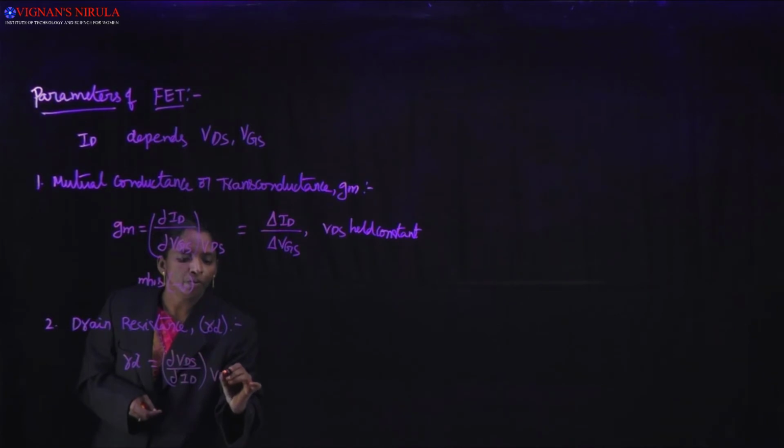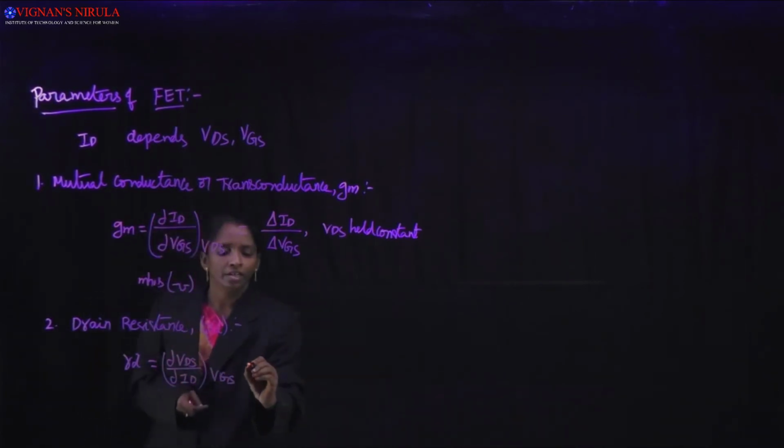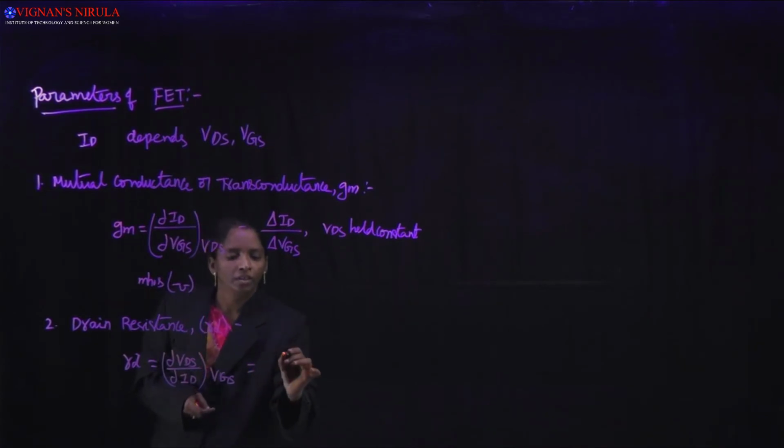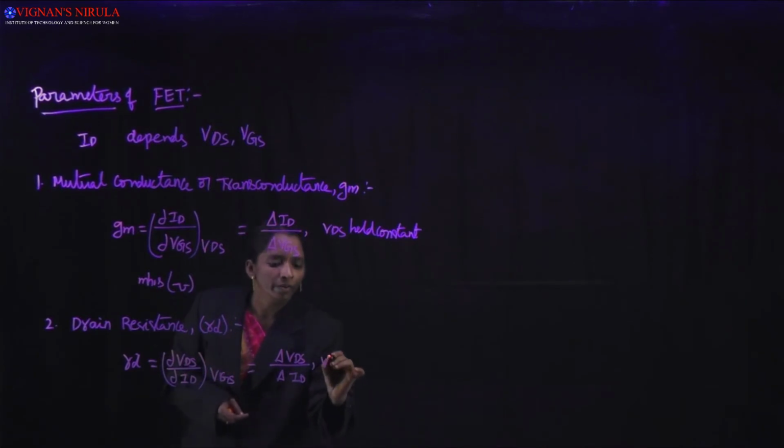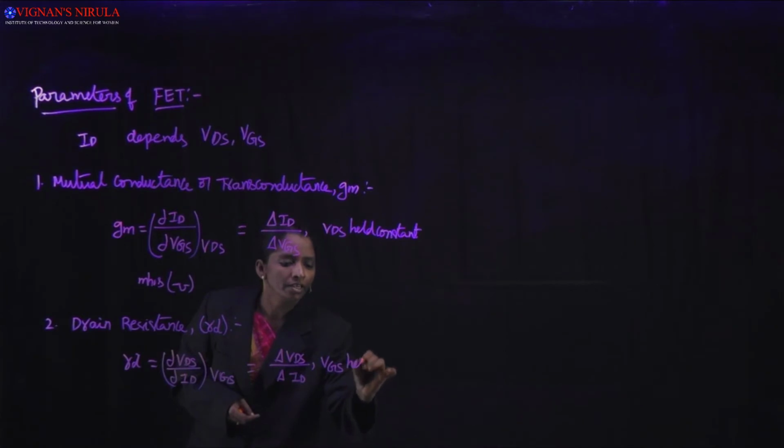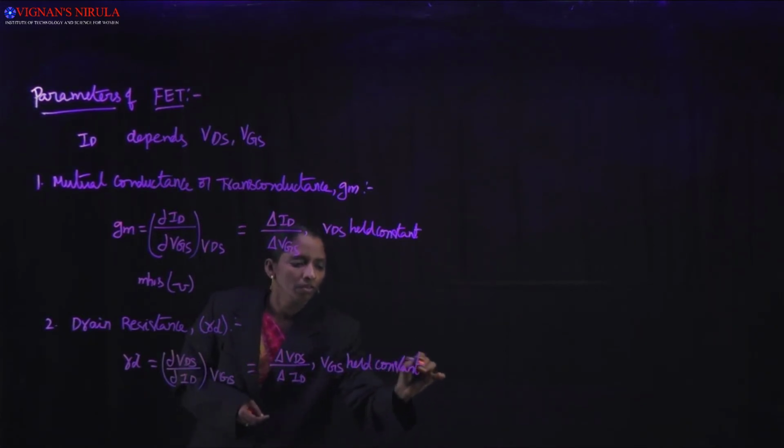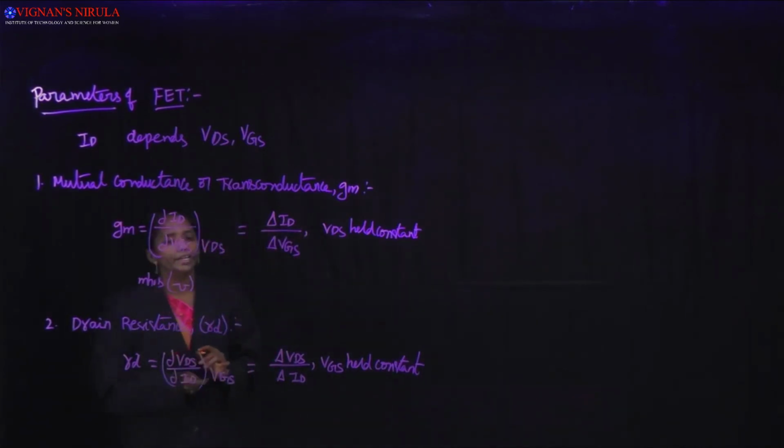Here the input voltage is VGS. It is equivalent to delta VDS divided by delta ID, keeping VGS held constant. So this is the drain resistance.